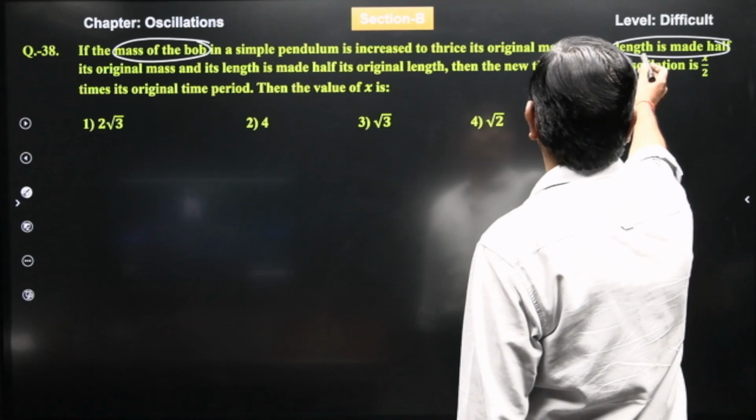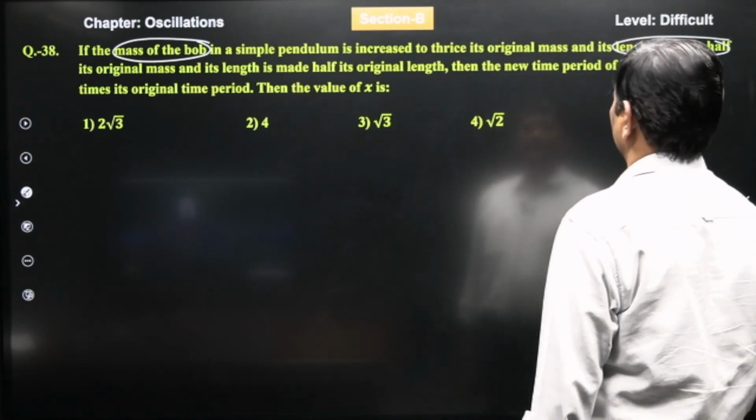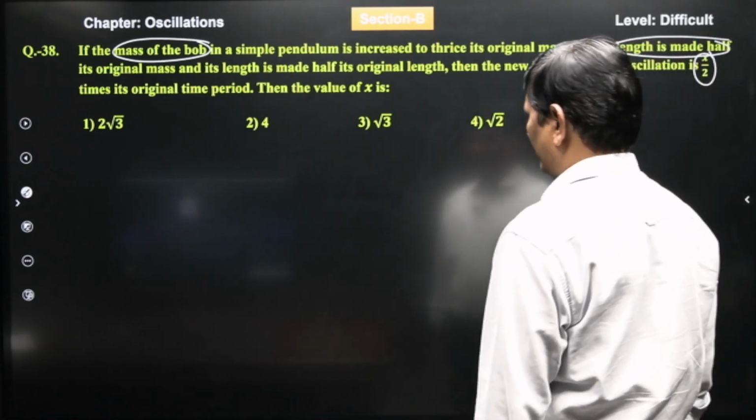The new time period of oscillations is x by 2 times its original time period, then find the value of x.